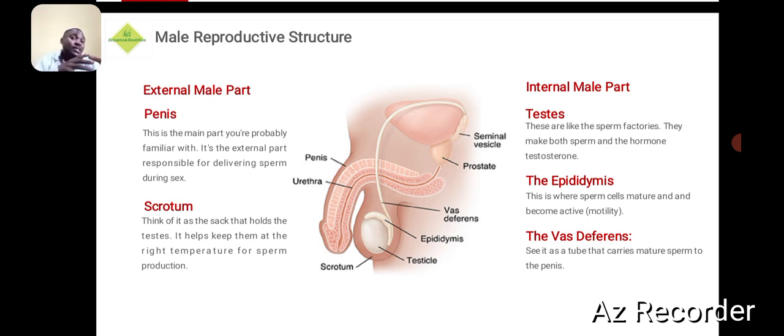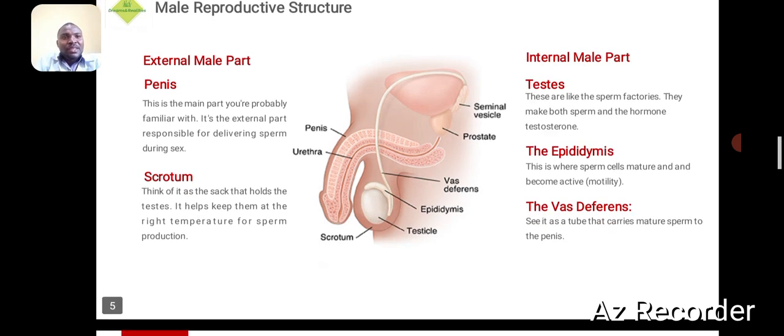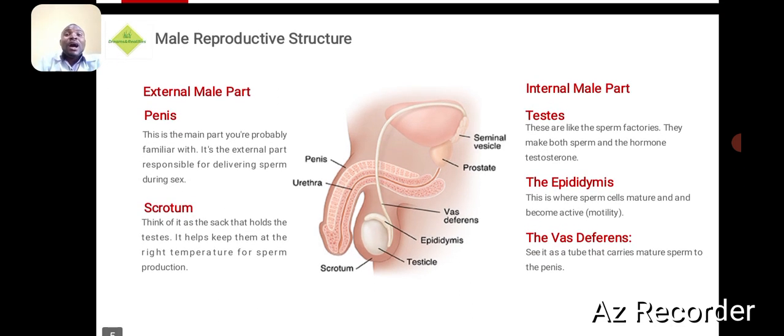Another part is the epididymis. The epididymis is where sperm cells mature and become active. By activity, I mean sperm are like tadpoles.